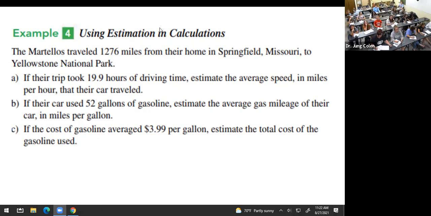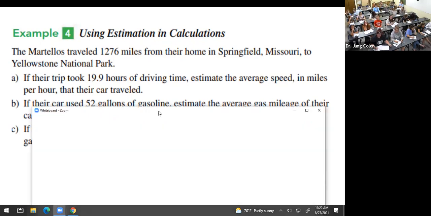Great job, guys. And first group, let me read this question one more time for everybody. Even if you didn't solve this one, you need to try to solve it, okay? So think about how you can solve it. They traveled 1,276 miles total, right?